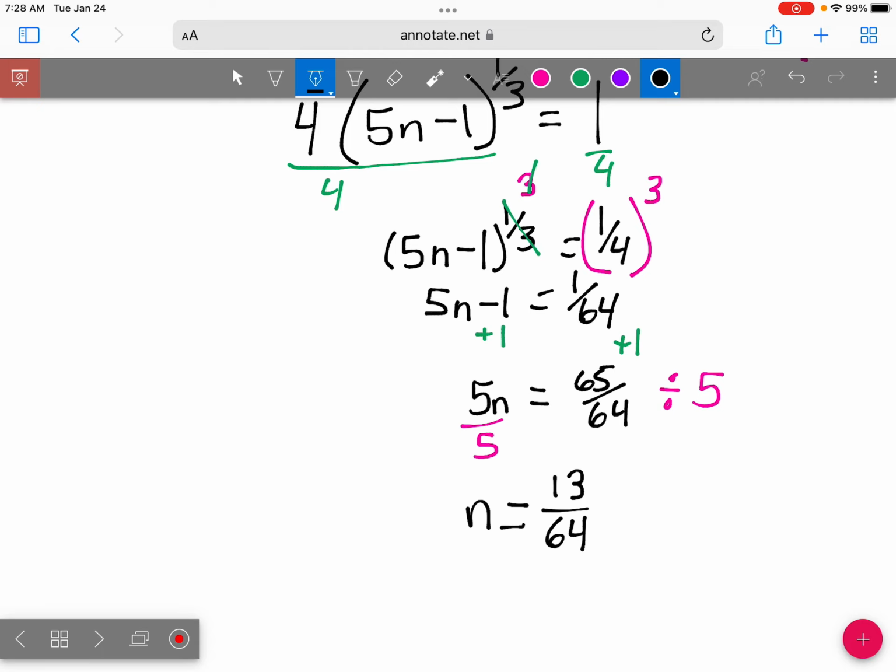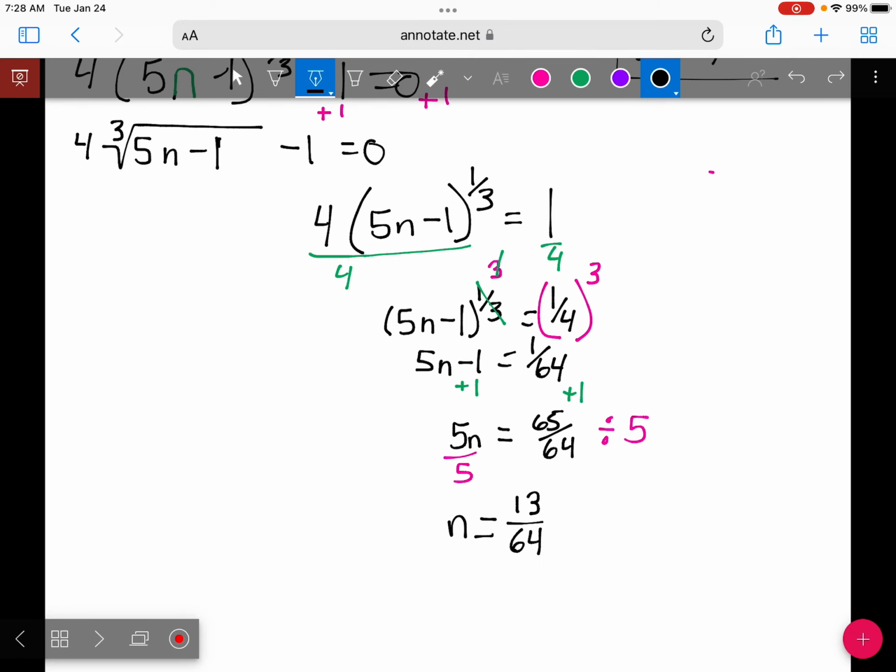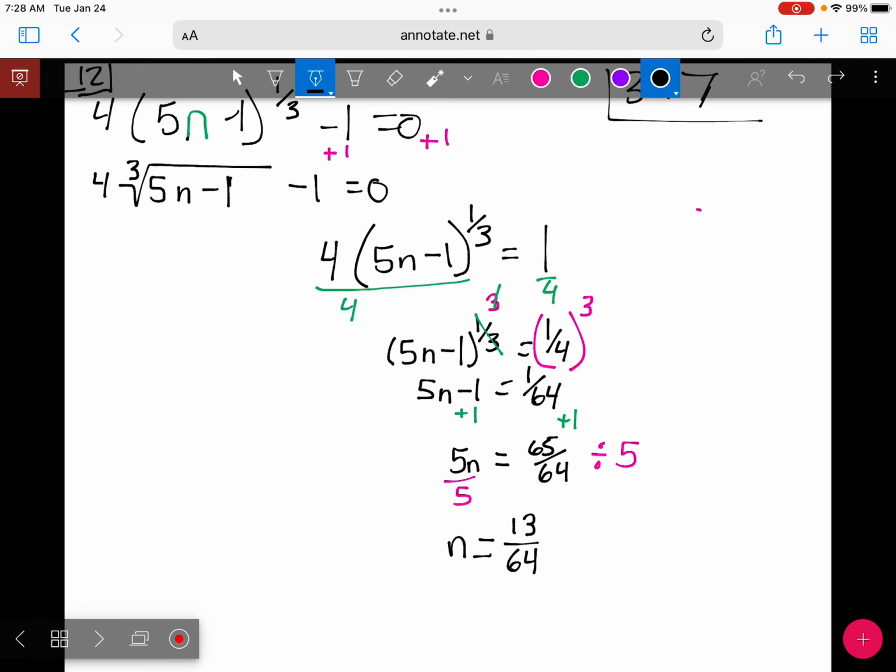Even though it is super gross, we still have to check it. So we're going to put it in the calculator. I'm going to come up where I can see my whole equation. And we're going to check and see if 4 times 5 times 13 over 64 minus 1 to the 1/3 minus 1.